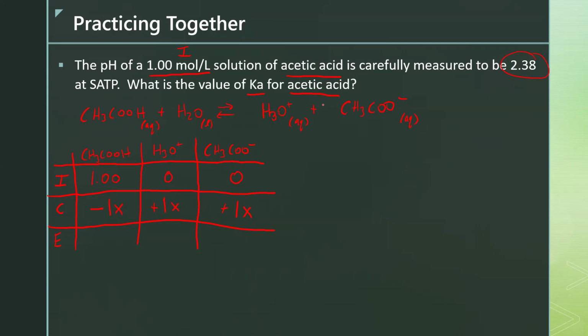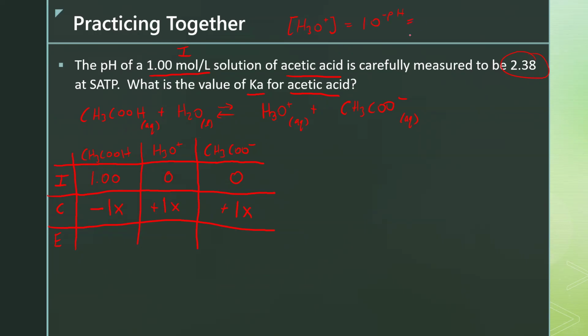You just need to remember it. The H3O+ concentration is equal to 10 to the negative pH. That's a formula you're just going to have to burn into your mind. With enough practice, it becomes second nature.